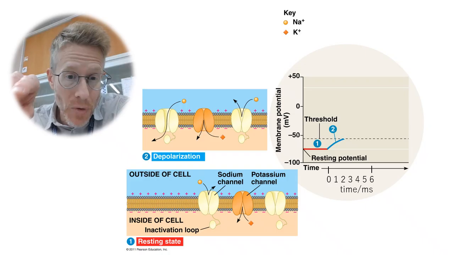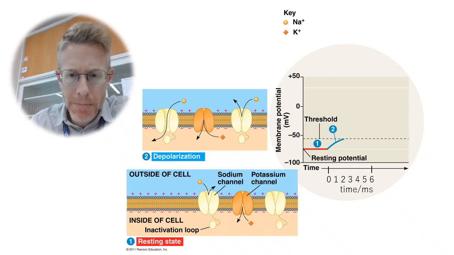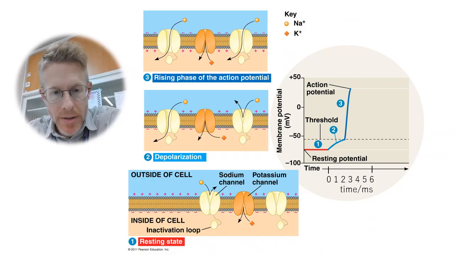That triggers the voltage-gated sodium channels to open first. That's represented by the yellow protein in this diagram. When they open, sodium rushes in because remember it was pumped out during the resting potential by the sodium-potassium pump. So the inside of the cell becomes more positive relative to the outside. That's called depolarization. Here it's called the rising phase of the action potential.